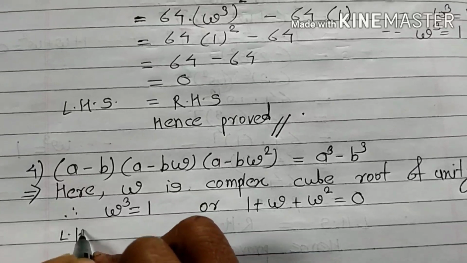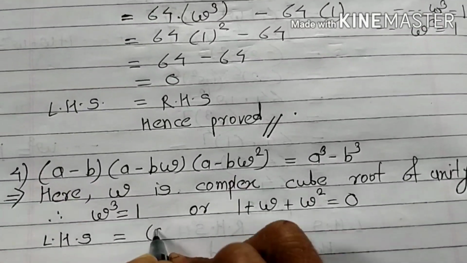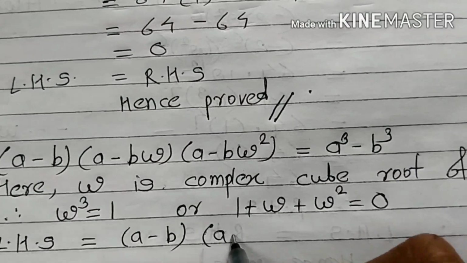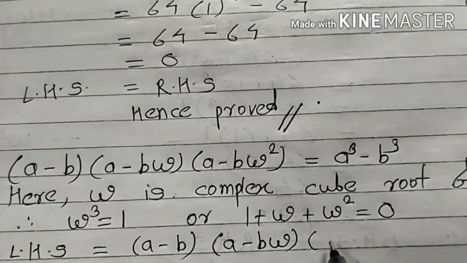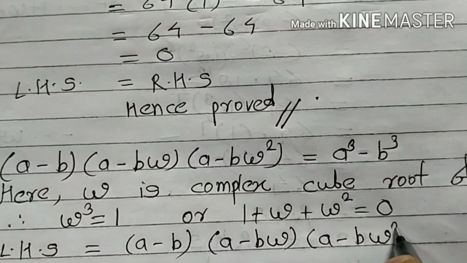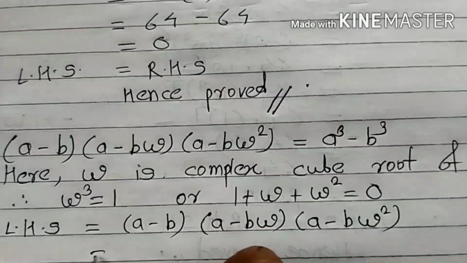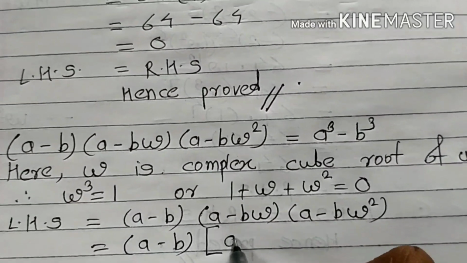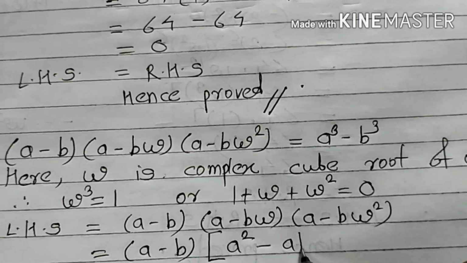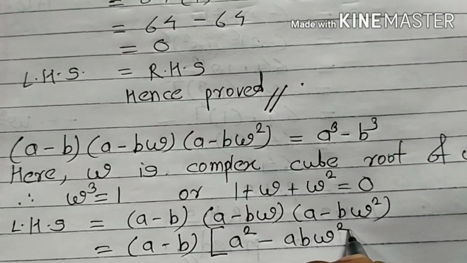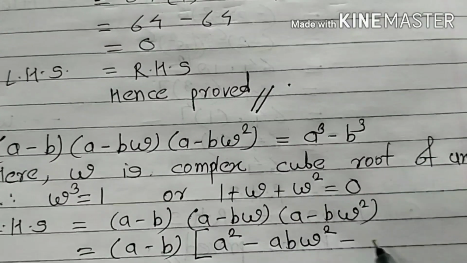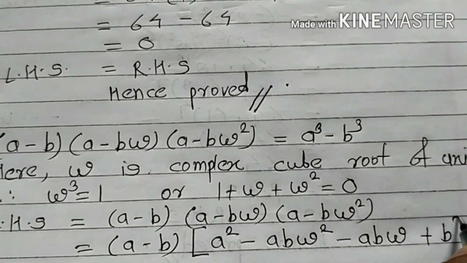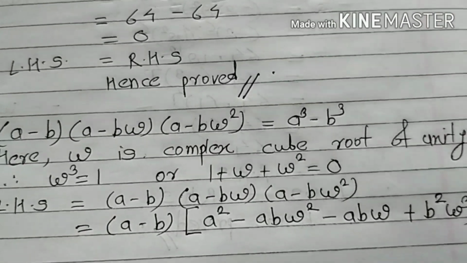So take LHS, which is equal to (a minus b omega) into (a minus b omega square). Now take a minus b omega as it is and multiply this, which is a square minus ab omega square minus ab omega plus b square omega cube.